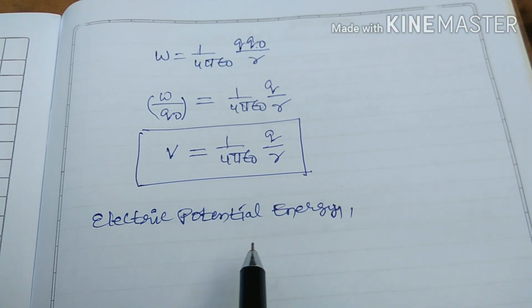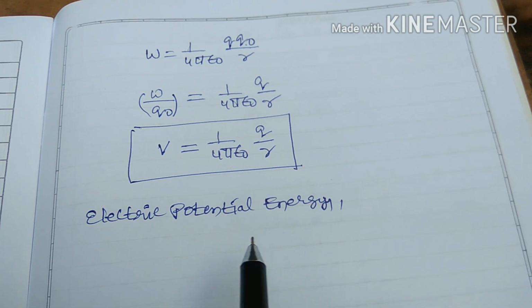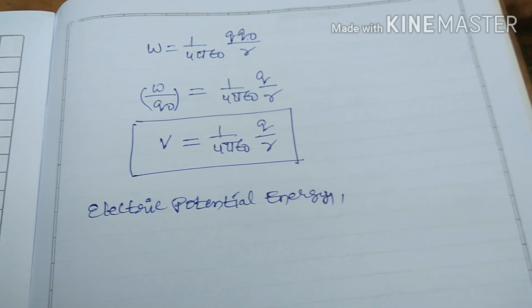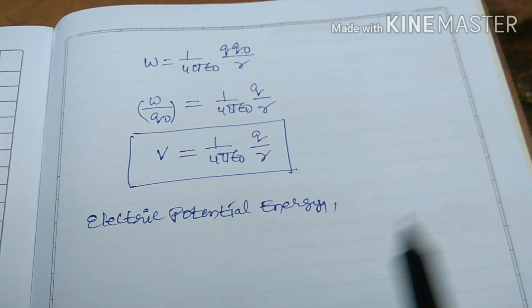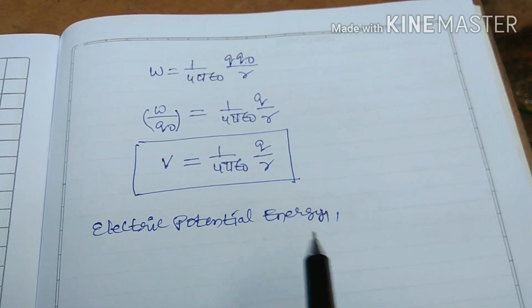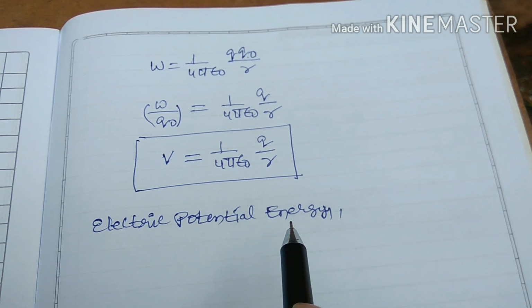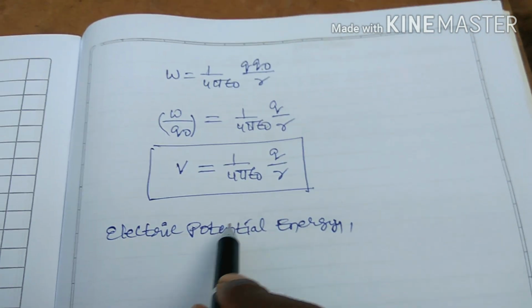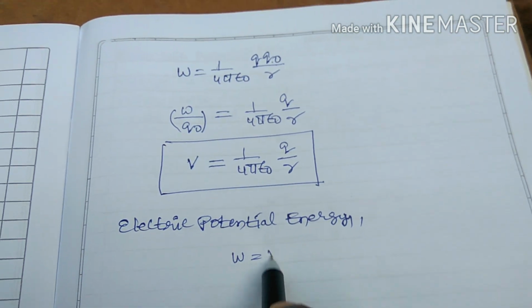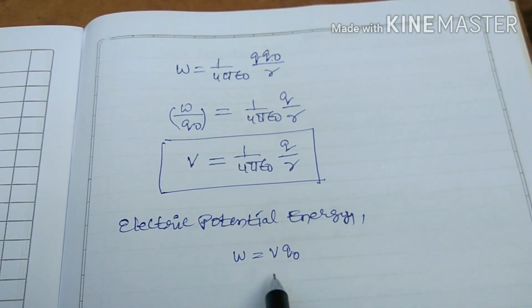Electric potential energy. The total amount of work done to bring the unit test positive charge into an electric field against the force acting on the charge is stored in the form of electric potential energy. That work done W is equal to V Q naught, from the definition.